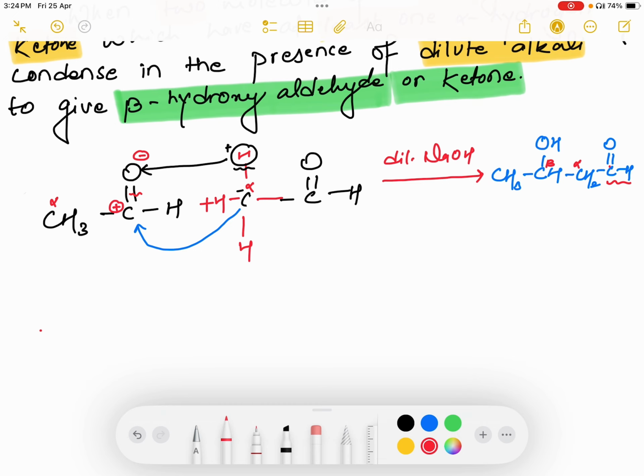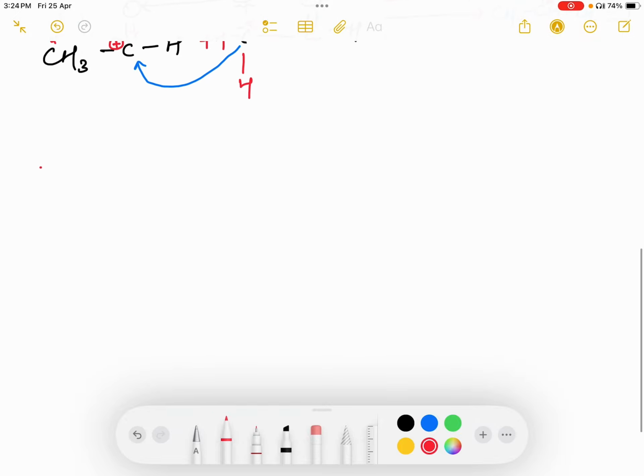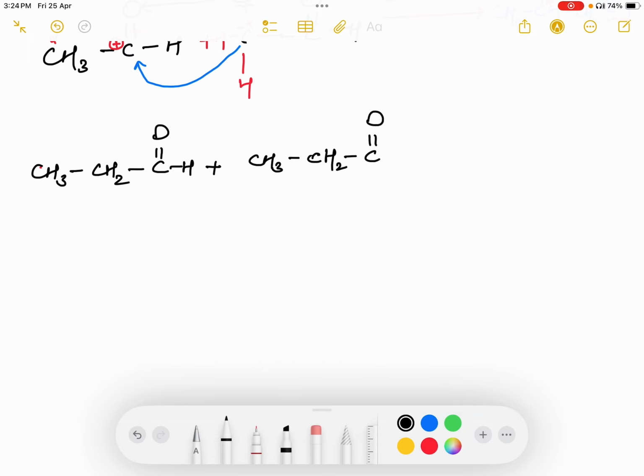Let me take some other example and explain the same thing. Let me take CH3, CH2, C double bond O, H. And again, I take the same CH3, CH2, C double bond O, H. And the reaction will take place in the presence of dilute NaOH or dilute alkali.